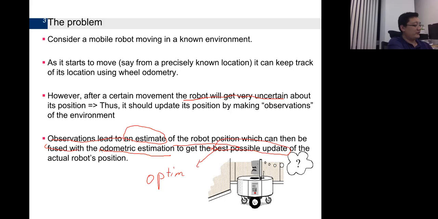An optimal update of the actual robot position. What is optimal? Optimal means you cannot do better. Optimal doesn't mean zero error. It just means you cannot do better. This is already optimal.